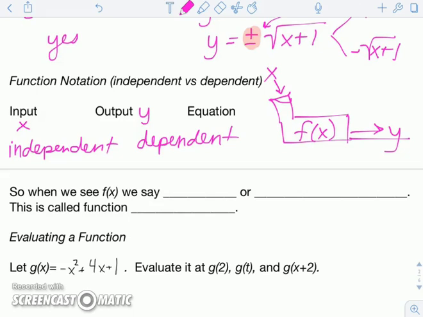Okay, so when we see this notation, this f and then parentheses x, we say f of x, or the function evaluated at x.